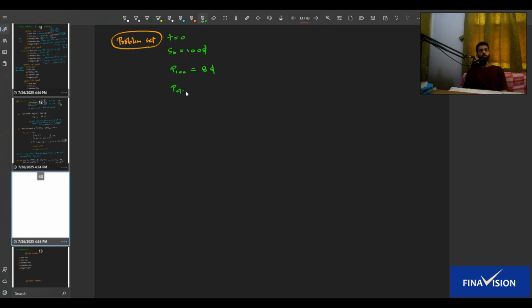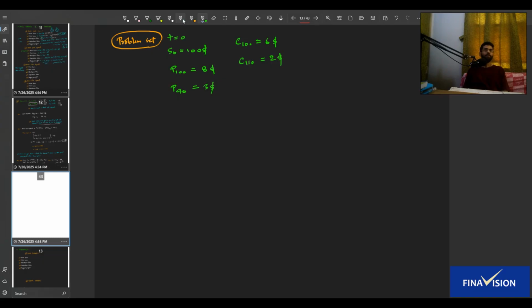Premium of a put option at 90 is $3. Premium of a call option at 100 is $6. Premium of a call option at 110 is $2. These values we already have.